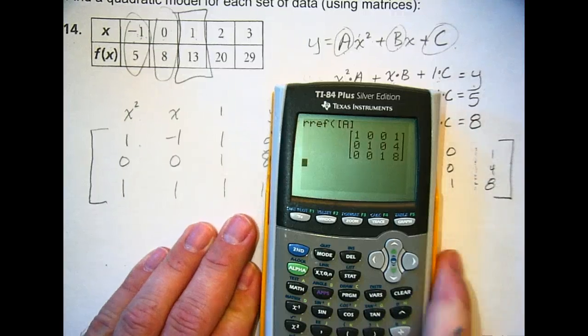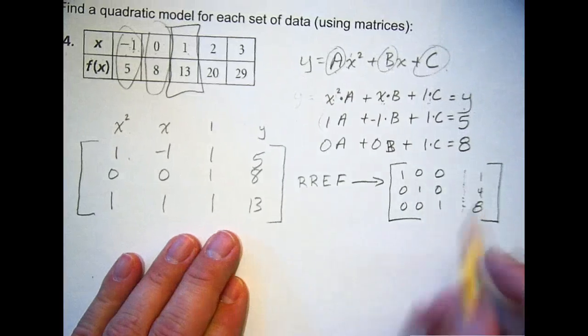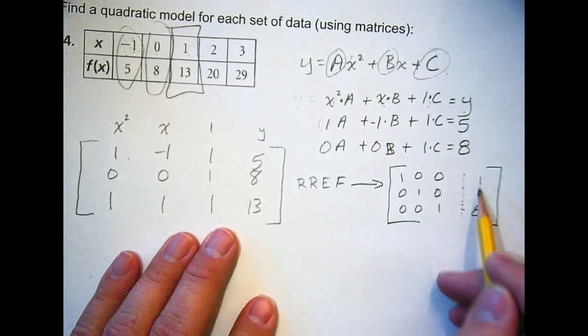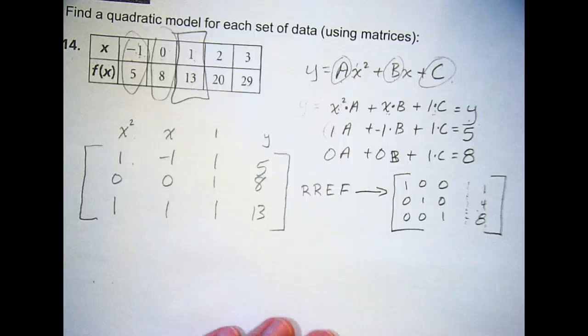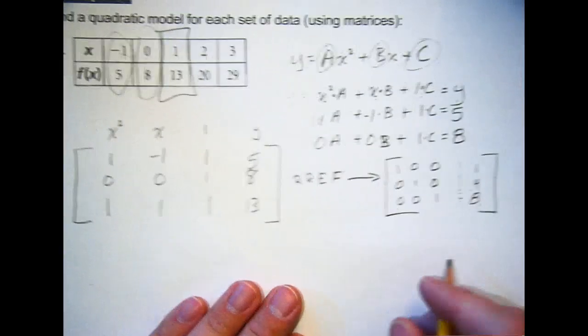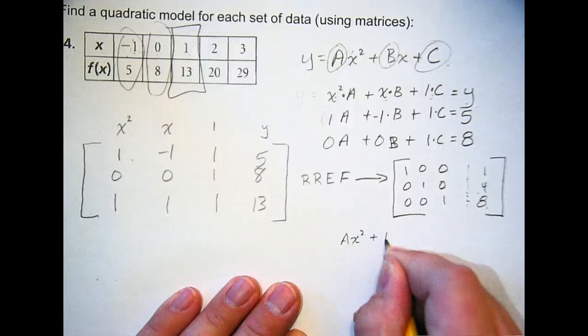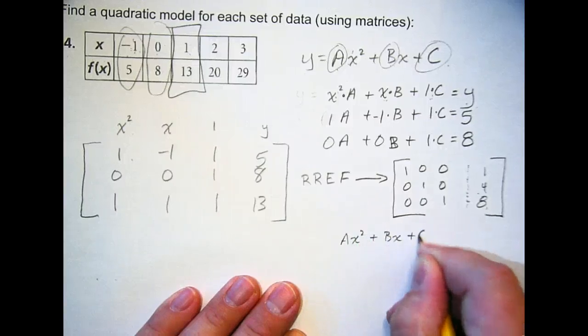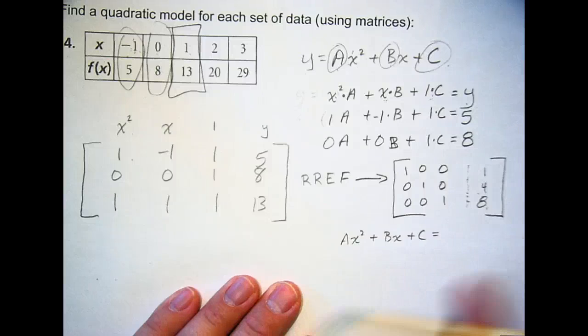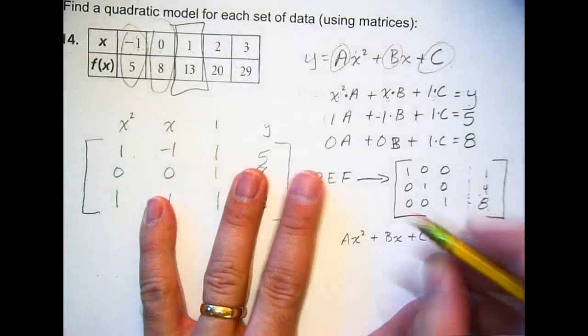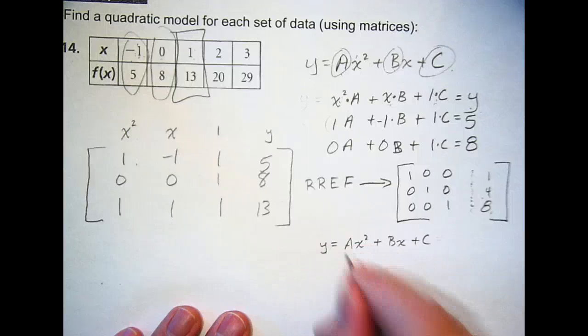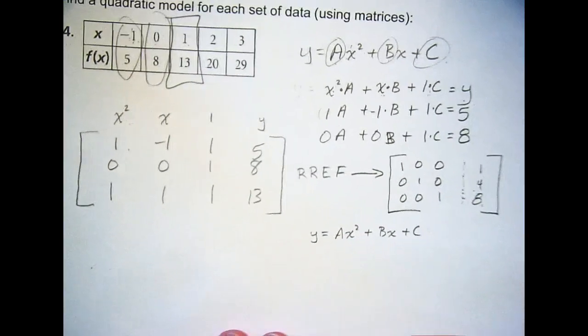Now, tell your neighbor how you know that the 1 represents A, the 4 represents B, and the 8 represents C. Okay, how do I know the first one's A? Lee?